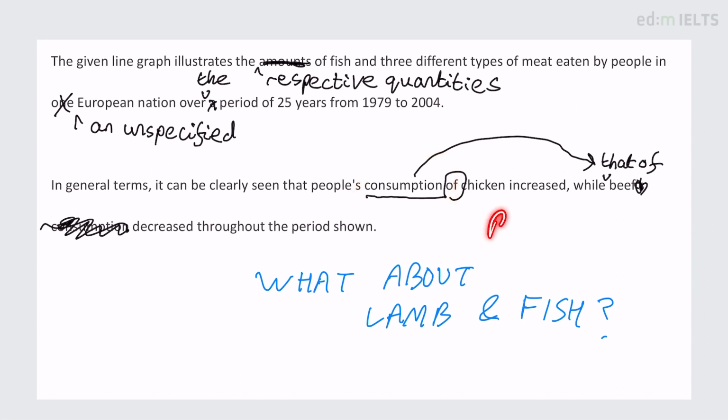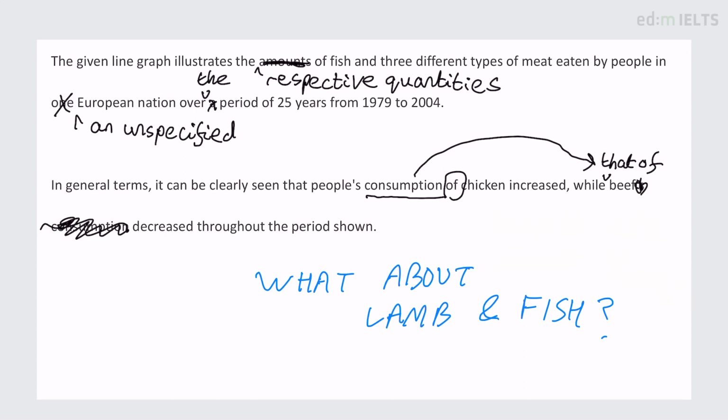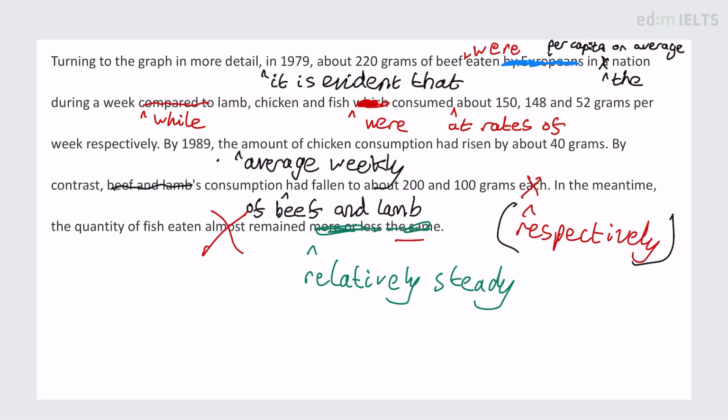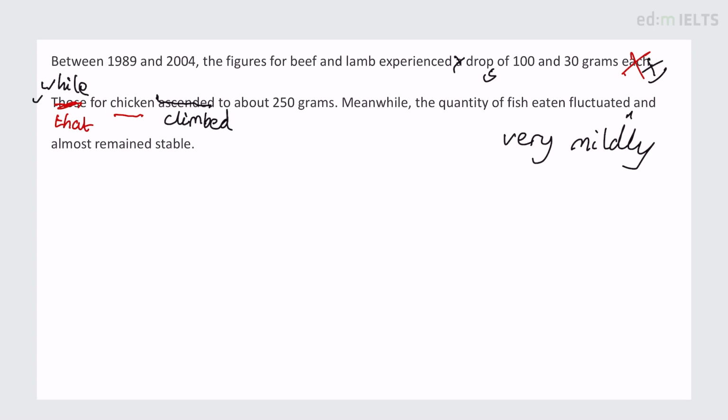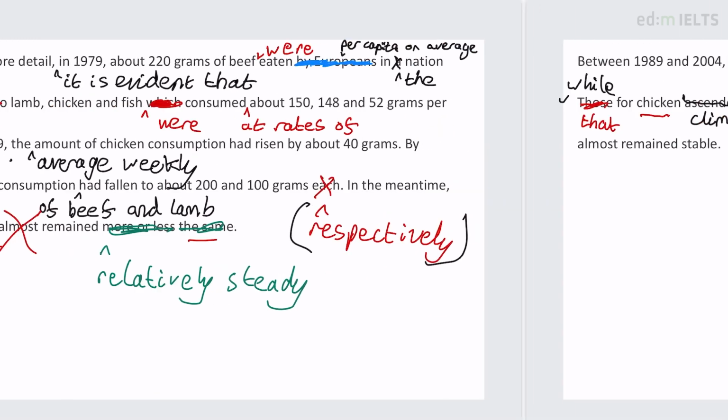You could just say people ate or consumed a certain quantity on average, or people ate an average of blah blah per week. And that's not really done. It's kind of consumption, kind of overused slightly. But there is very nice language, trying to use quantity as well as amount, talking about the figures more generally, experienced drops, organizing information well with "respectively," which is related to cohesion too.